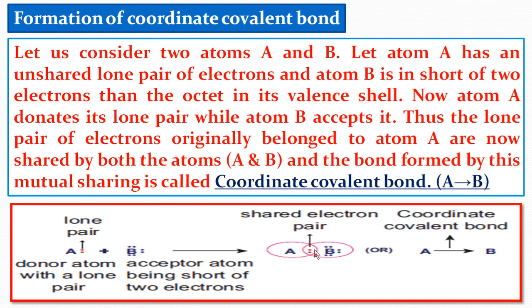The lone pair, which means 2 electrons, belonged to atom A, and now it is shared by both atoms A and B. The lone pair is contributed only by atom A. The bond formed by this sharing is called a coordinate covalent bond. Between atoms A and B a coordinate covalent bond is formed, and it is represented by an arrow.